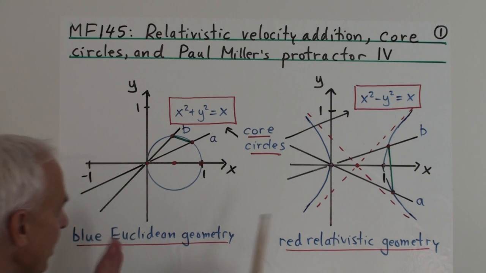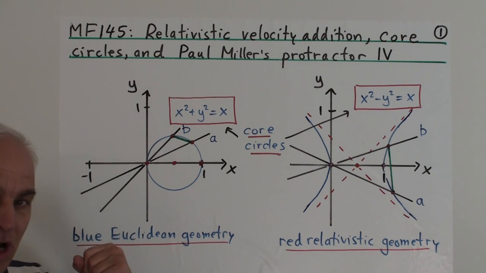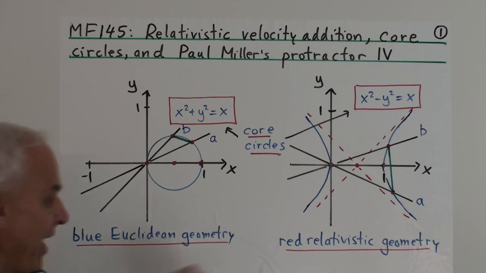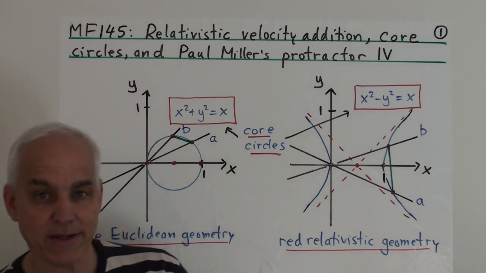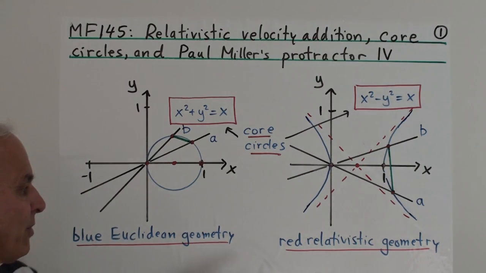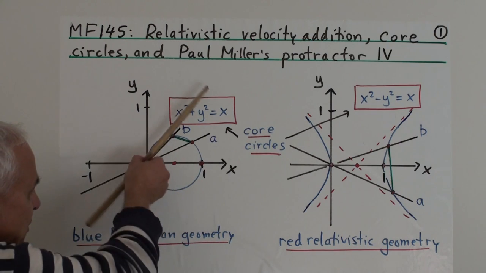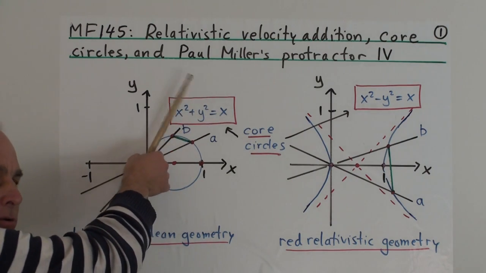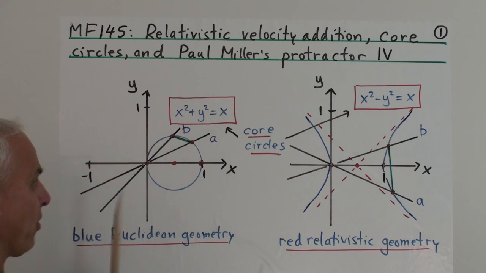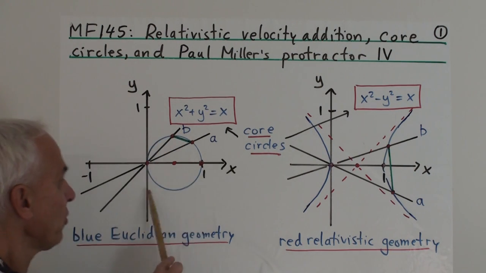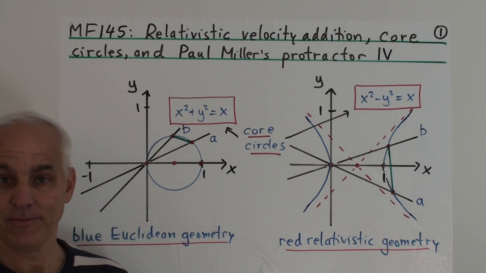Okay, so a key theme will be the interplay between our familiar Euclidean geometry, called blue, and this relativistic geometry of Einstein, Lorentz, Minkowski, which we call red. And we've seen that if we're interested in the projective line, namely all the projective one points or lines to the origin, then this core circle with the equation x squared plus y squared equals x helps us.